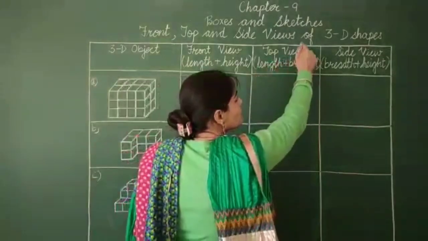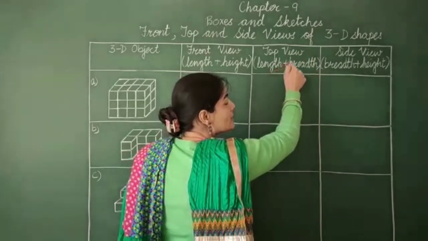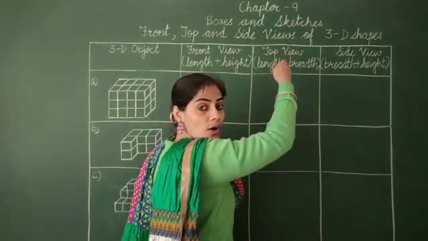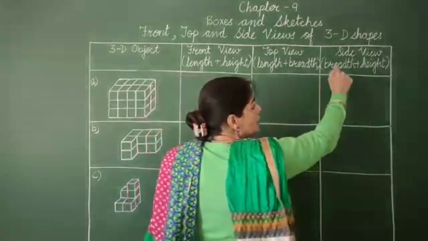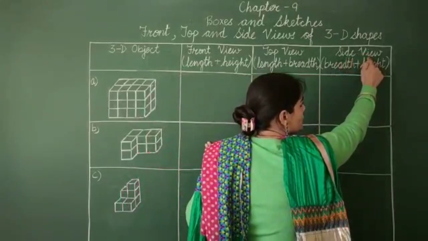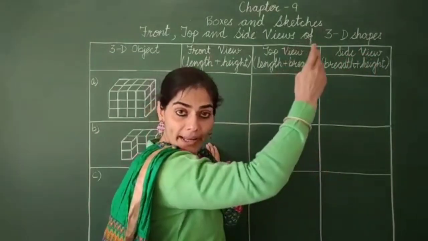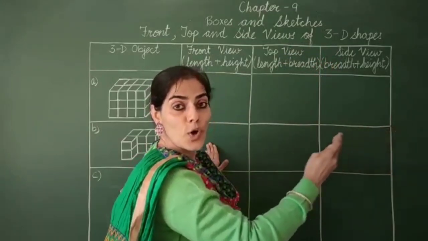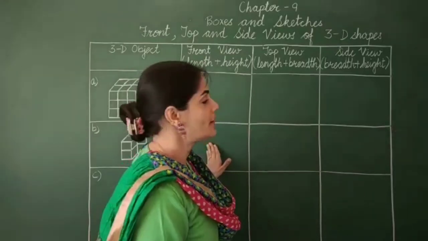When we draw the top view of the object, we are able to see the length and breadth. We are not able to tell how high that object is. Similarly, when you are going to draw the side view, you will be able to see the breadth and height of the object. But you won't be able to tell how long that object is. Is it clear to everybody?